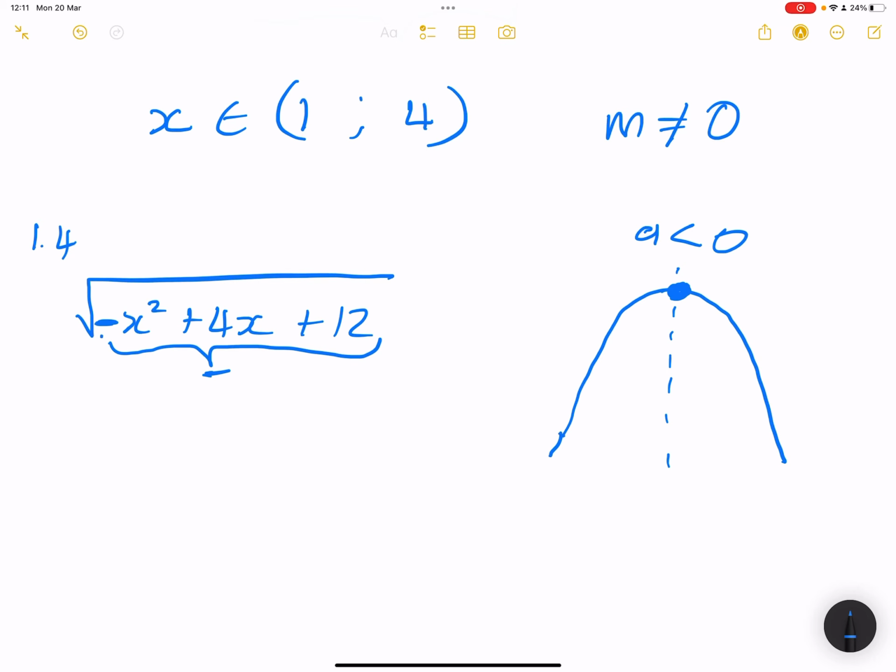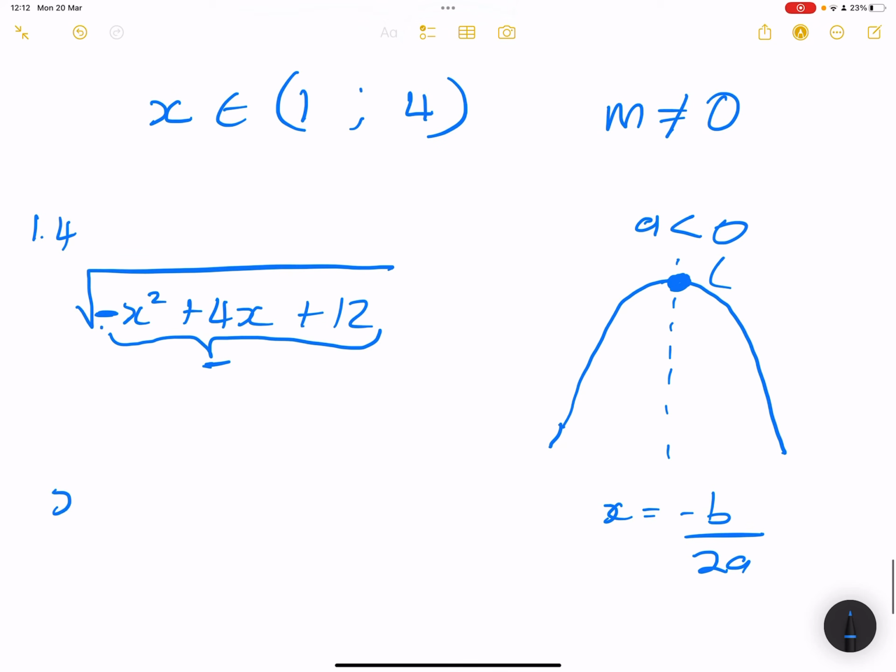So how will we be able to get the turning point in this case? Remember, we always get the turning point by simply saying minus b over 2a. That gives us the x value of the turning point, and we can find out the actual y value of that turning point. So let's find the x value first. That's x equals minus b over 2a. We're looking at that expression inside. We know our a value is -1, our b value is 4, and our c value is 12.